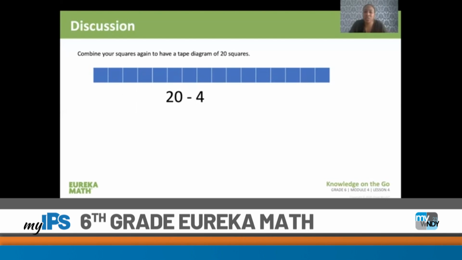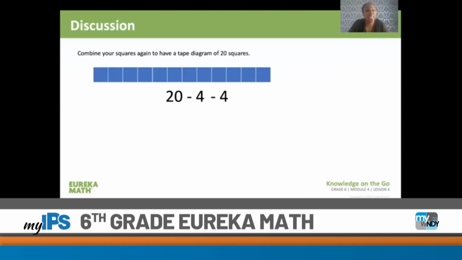We had 20 squares and subtracted how many? 4. Excellent. Let's do it again. Subtract another 4 squares. Now let's alter our expression to reflect what we just did with our square tiles. 20 minus 4 minus 4.